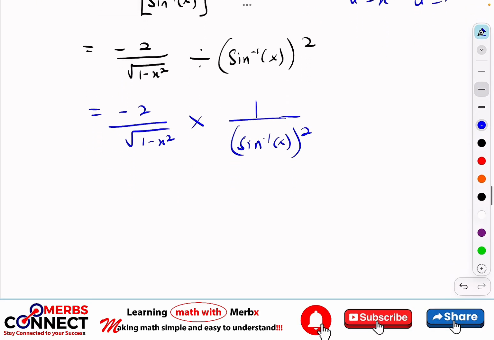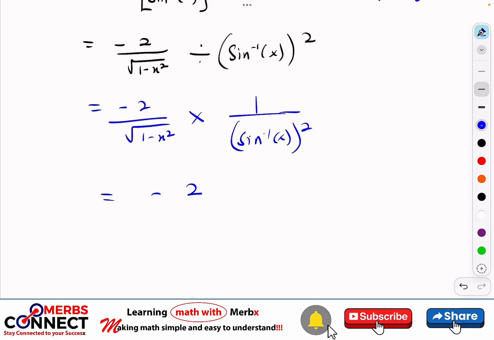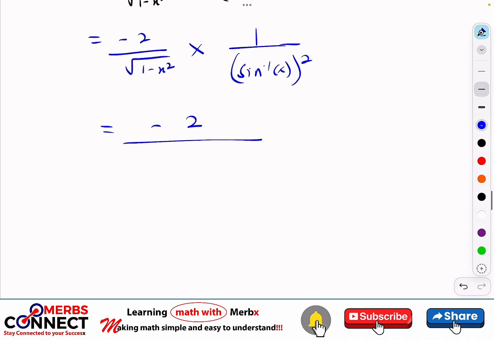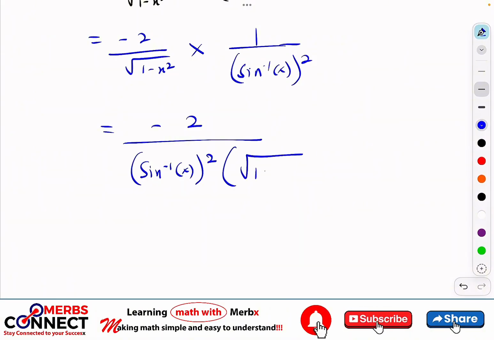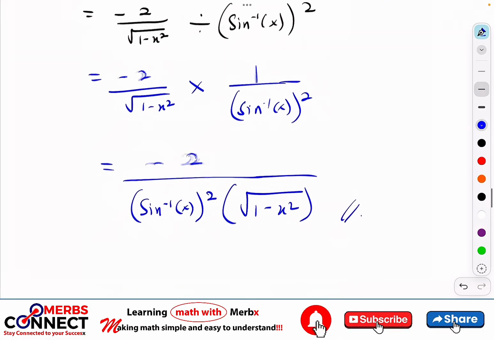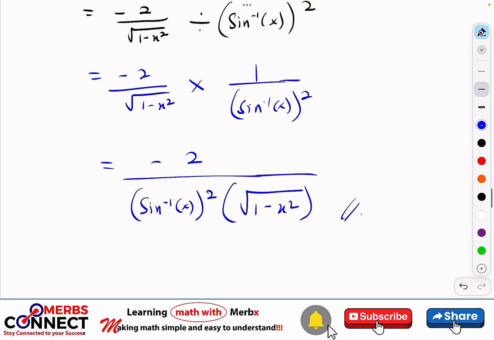And when I multiply it, I'm going to have minus 2 divided by, I can bring this one first, sine inverse of x squared times the square root of 1 minus x squared. Right. So this is what I'm going to get at the end of the day.